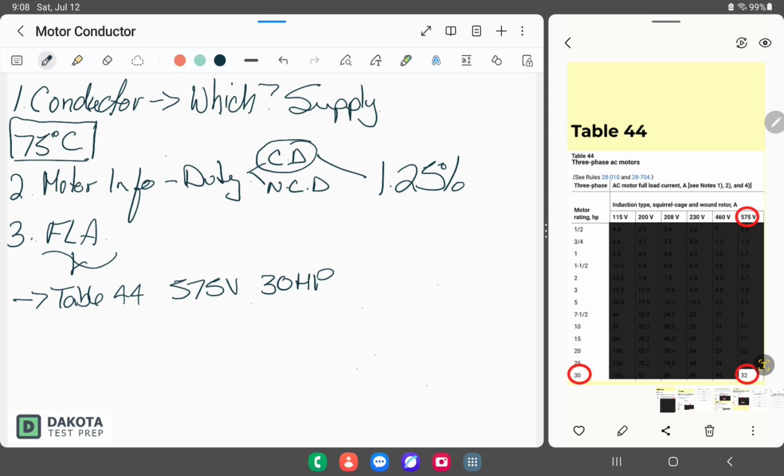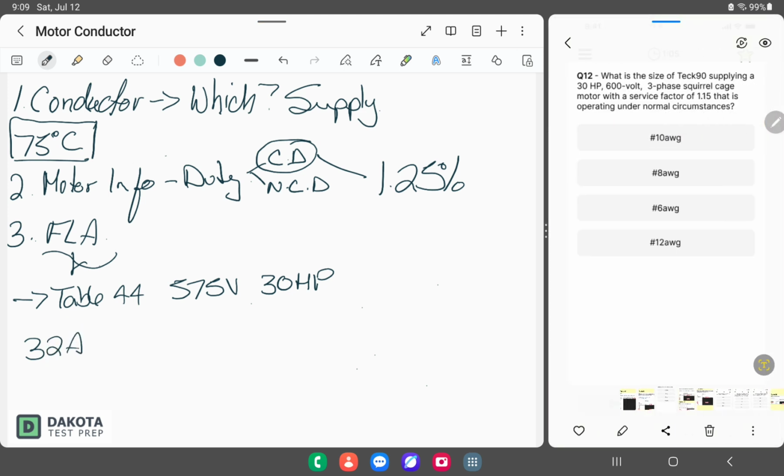So we go to Table 44, take a look, and our FLA is 32 amperes. Now we head back, and we multiply 32 amperes by our continuous duty factor of 1.25, which gives us 40 amperes.